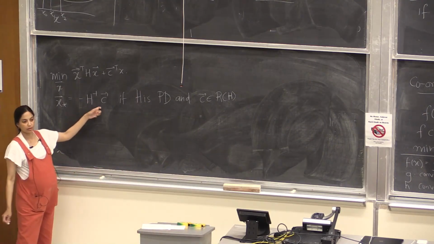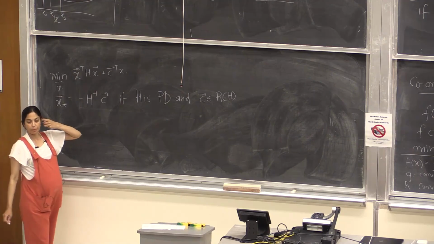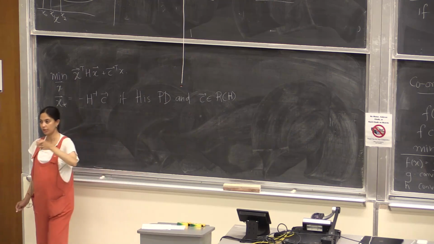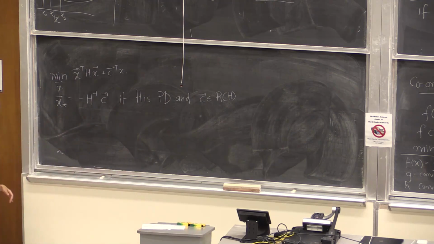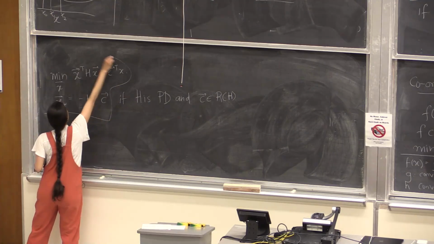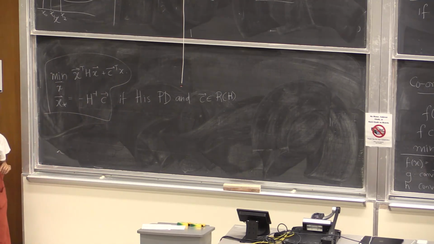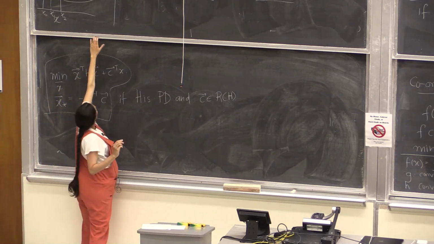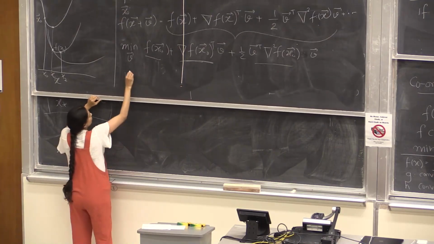If H was invertible and positive semi-definite, which means that it's positive definite, and C belongs to the range of H. If H is invertible, of course C is going to belong to the range of H, right, because the range of H is everything. Then we had this solution, right? Explicit solution. Everyone remember we did this calculation? So now, when I'm looking at this, what is the explicit formula for my V star?